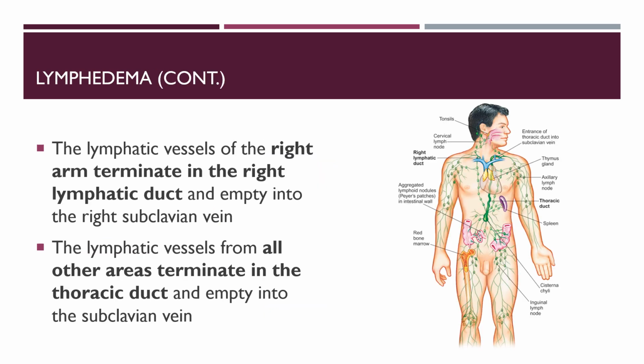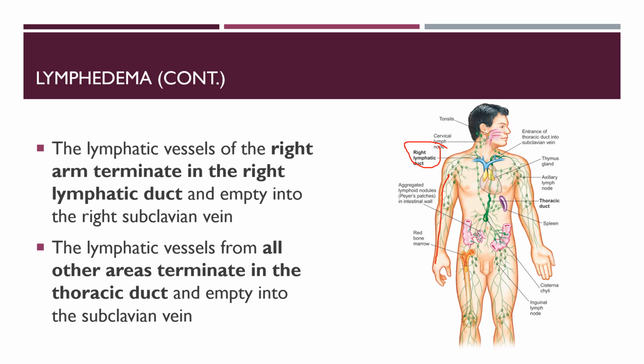I would also know this part as well, just a little anatomy piece here. When we're talking about lymphedema, we mentioned this earlier and saw this exact same image, but the lymphatic vessels of the right arm come up and terminate in this right lymphatic duct right here, and empty into the right subclavian vein.